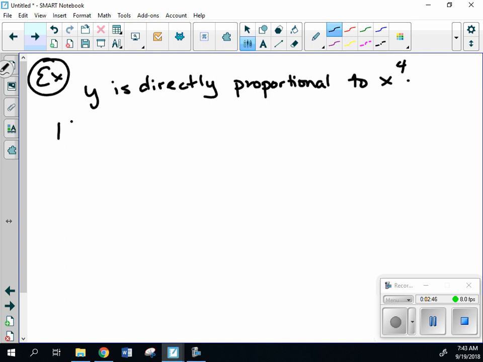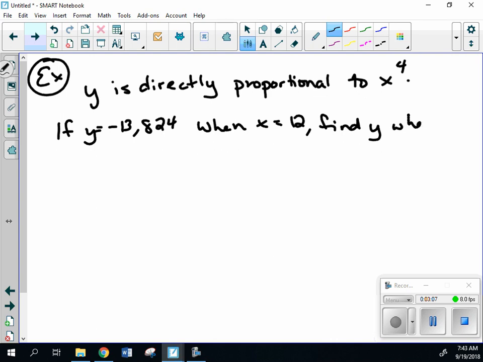If y equals negative 13,824 when x equals 12, we want to find y when x equals 6.